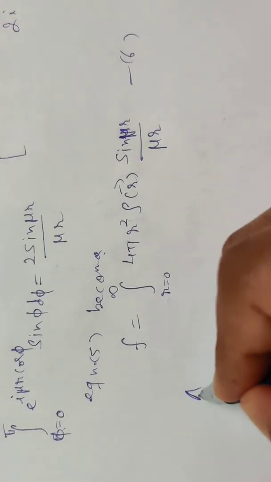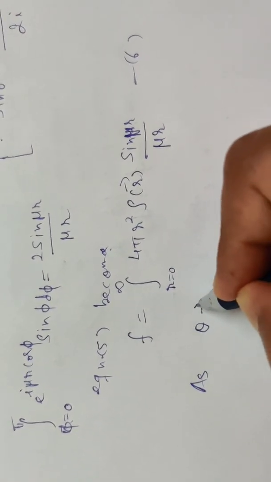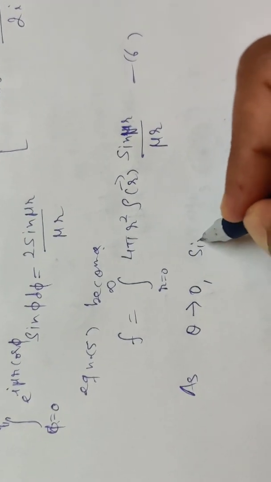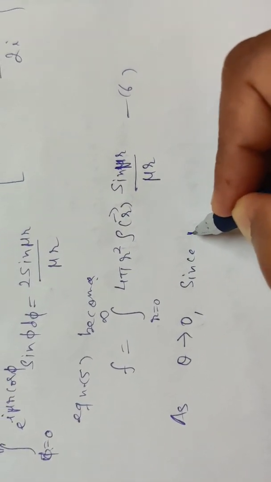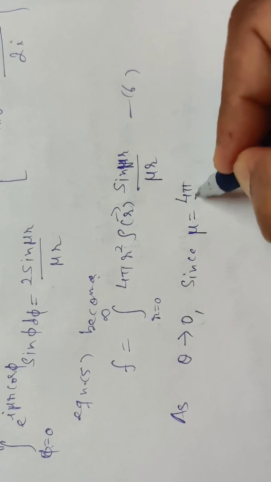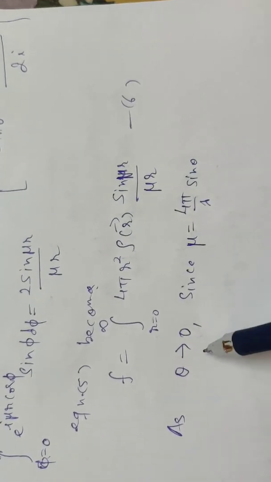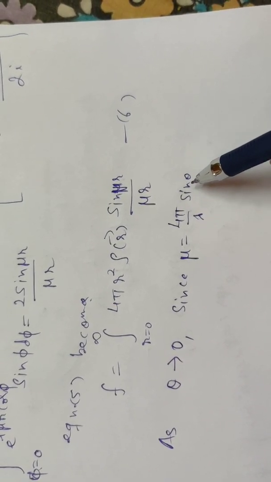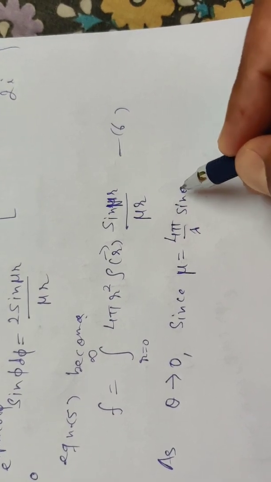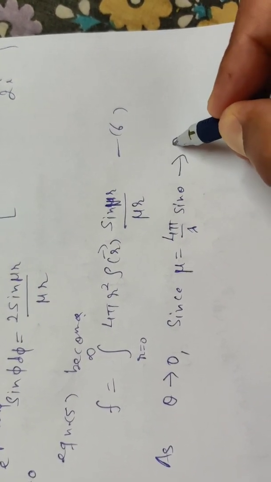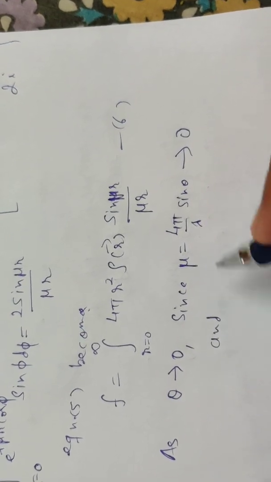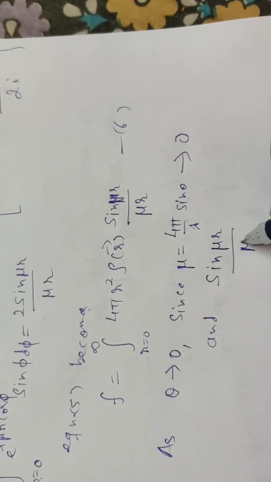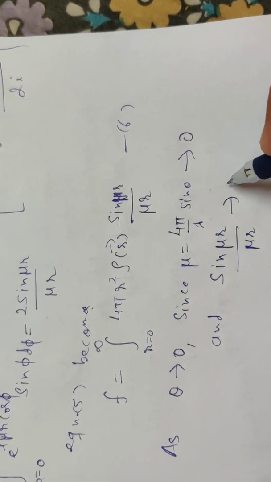So now for small values of theta, as theta approaches 0, since mu is your 4 pi upon lambda sin theta, it approaches 0, because sin 0 will be 0. Since therefore this mu approaches 0, and hence since mu approaches 0, sin mu r upon mu r also approaches 1.